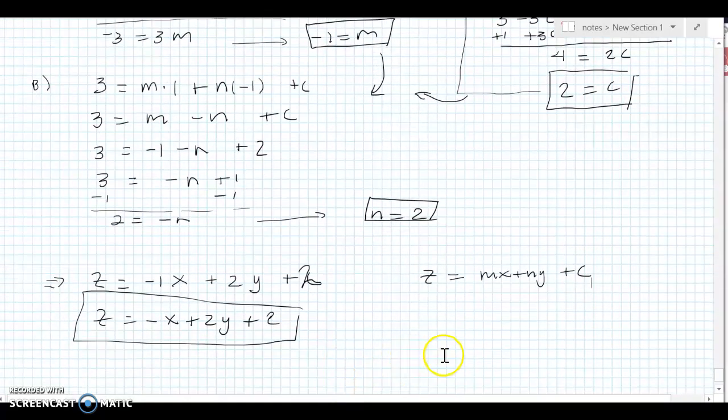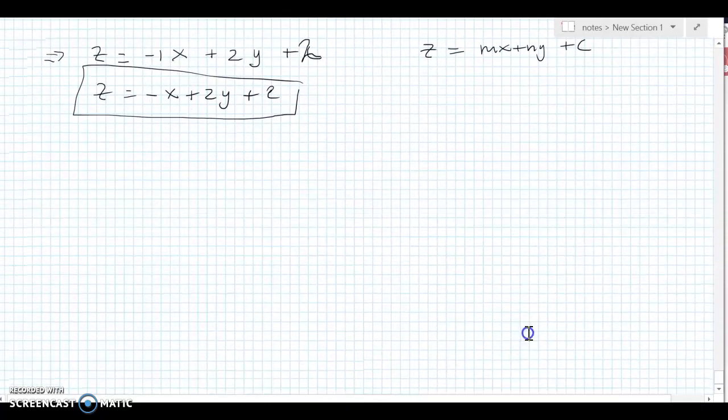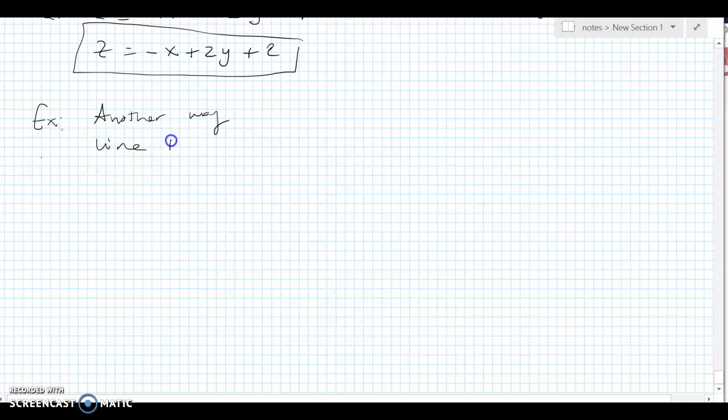So let's look at another way. Okay, so remember we were looking for a line through the points 1, 0, 1, and 1, negative 1, 3, and 3, 0, negative 1.